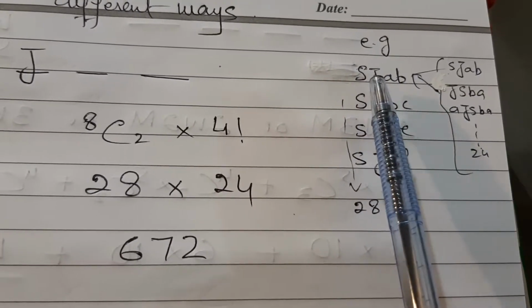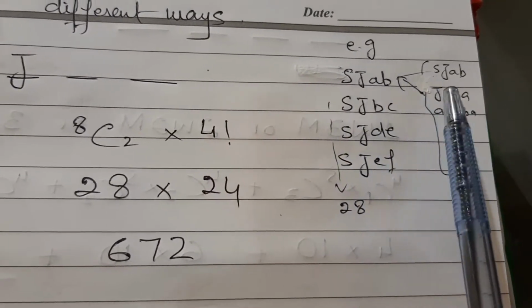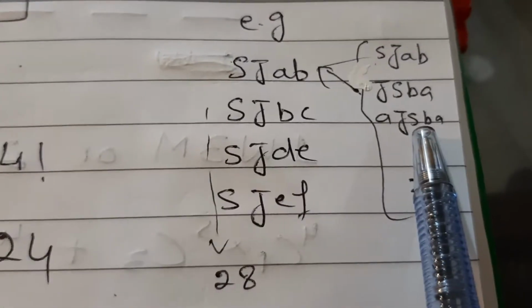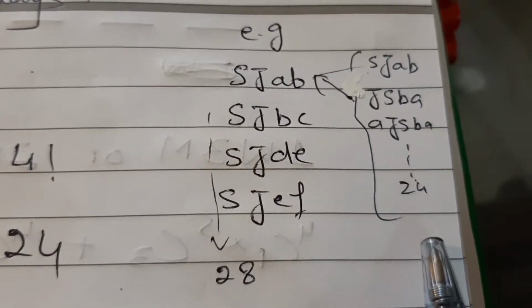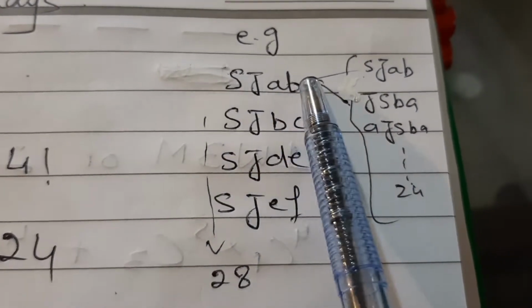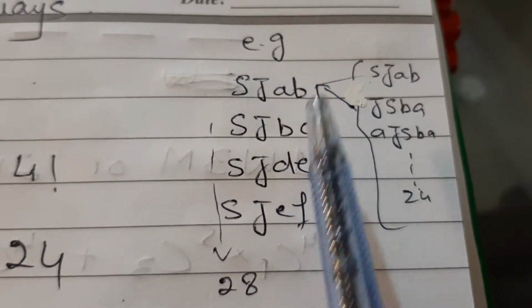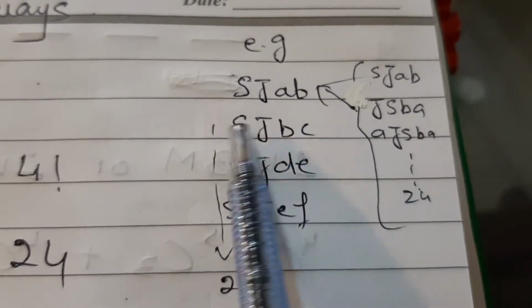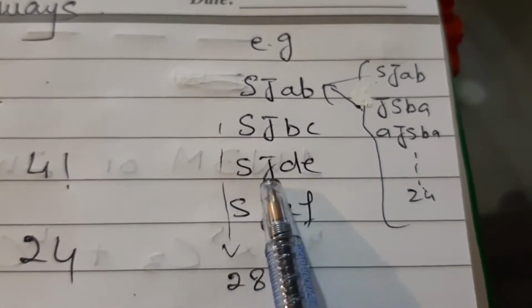So maybe first position, second position, third, fourth, maybe J, S, B, A, maybe A, J, S, B. In this way, there are 24 ways you can rearrange them. Similarly, for every selection there are 24 ways to rearrange them. So that's why we are doing 28 times 24, which is 672.